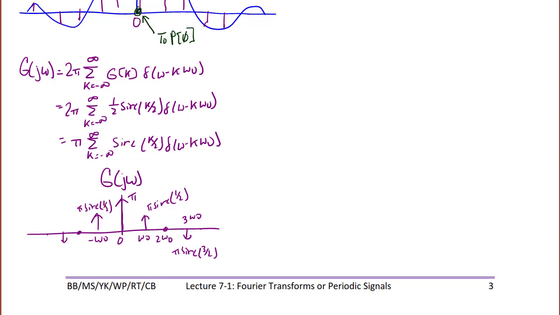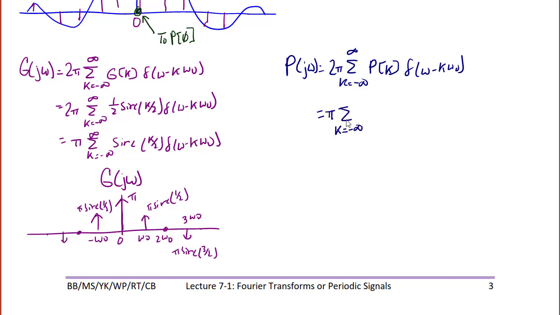So P of j omega is going to be very similar, but let's find that next. So P of j omega is equal to 2 pi, the summation from k equals negative infinity to infinity, P of k, delta of omega minus k omega naught, which equals pi, the summation from k equals negative infinity to negative 1.